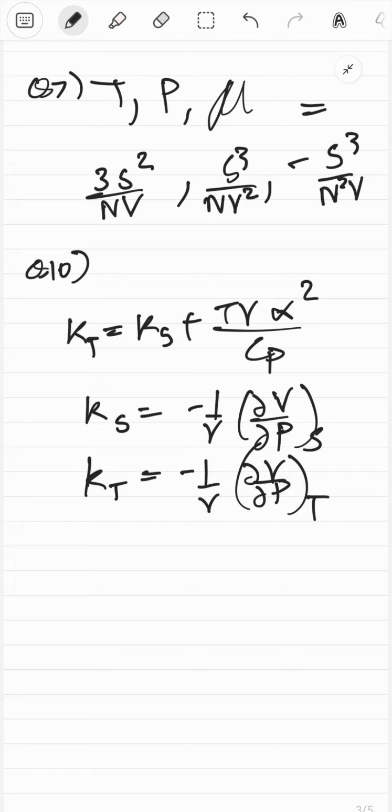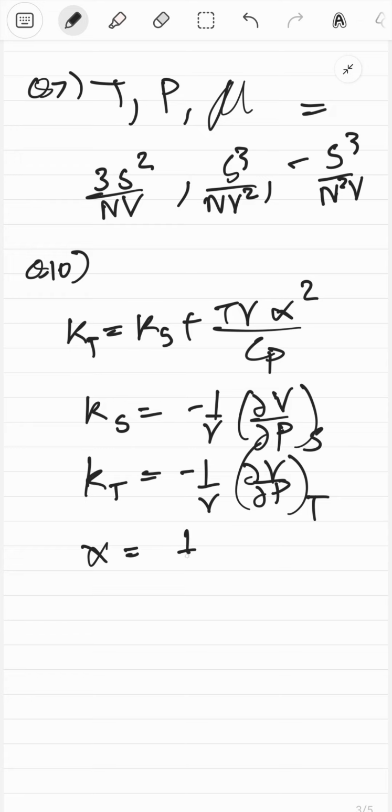So C_P is just the, okay, I get that, but what's alpha squared? Okay, what is alpha again? I guess it was defined somewhere before. Right, okay, so alpha is the expansivity, and K_T is the compressibility, fine.